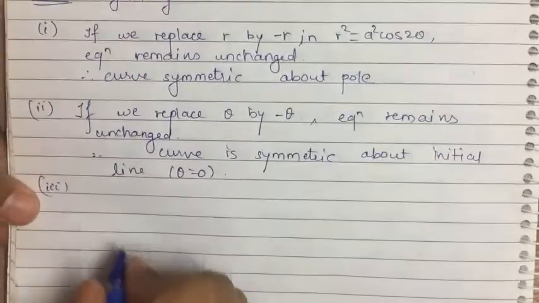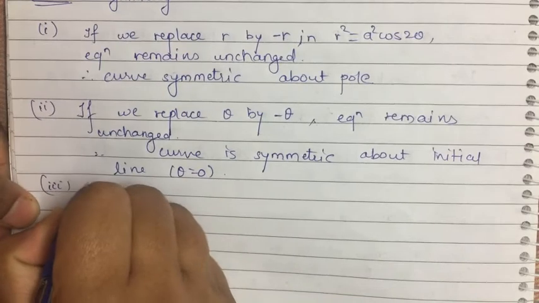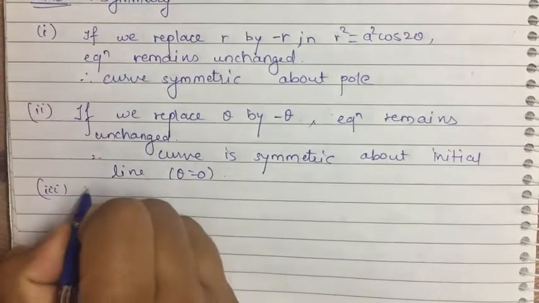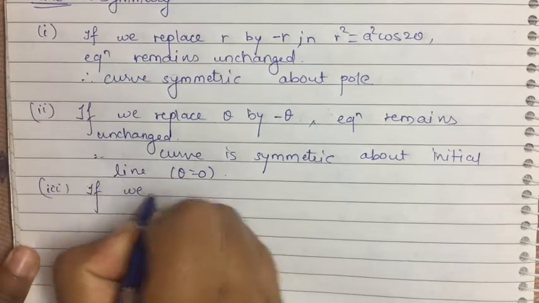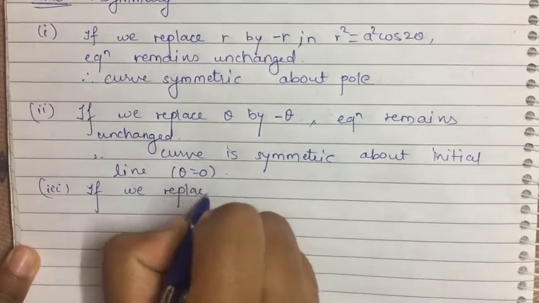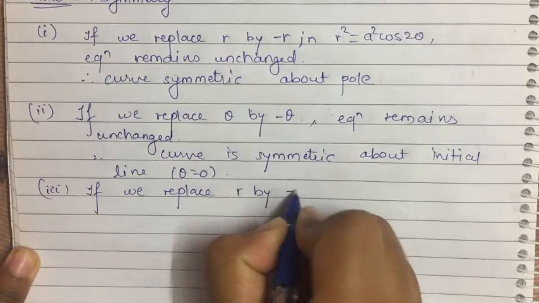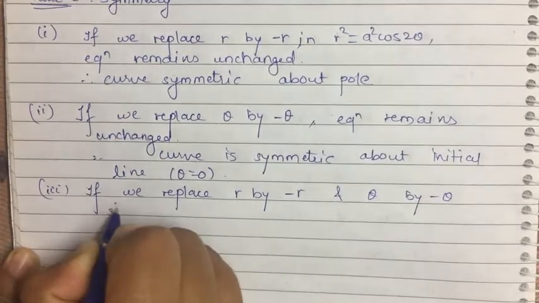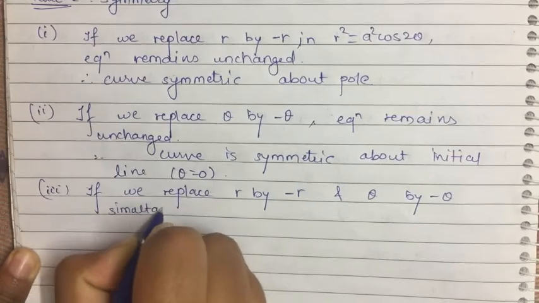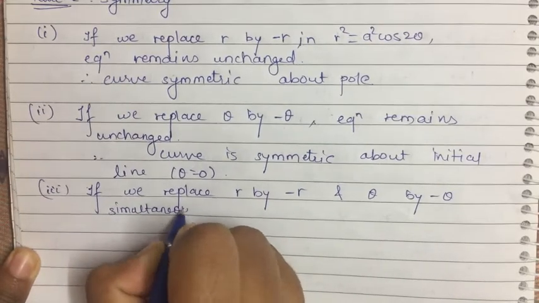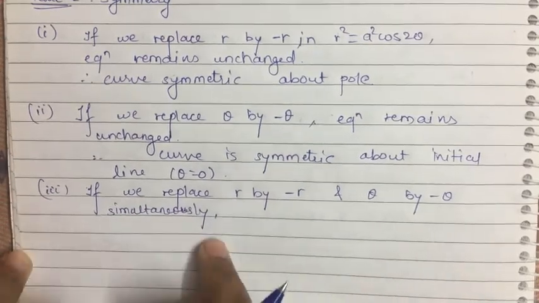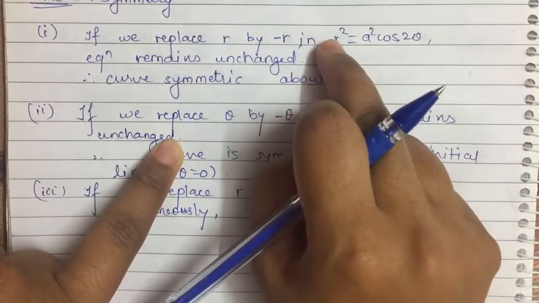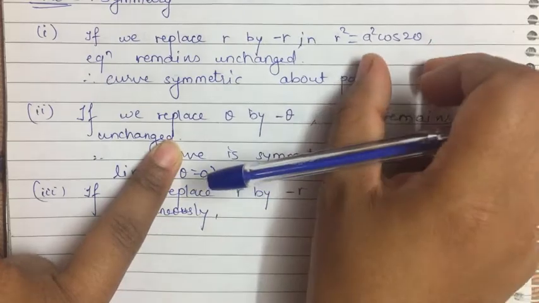Okay, and the last symmetry is about theta equal to pi by 2. So we can say if we replace r by minus r and theta by minus theta simultaneously, then see again r by minus r, so it will be minus of r square, that is r square, and cos of minus 2 theta, that is cos 2 theta.